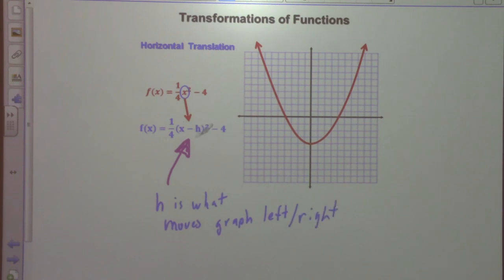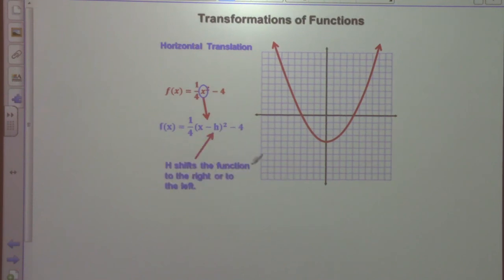So it's the value of this h. And this h in the place of this equation here is something we're going to see repeatedly during our course this year. Not only for quadratic functions, but for virtually all other types of functions I can think of that we'll cover this year. Okay, so shifts to the left or to the right.